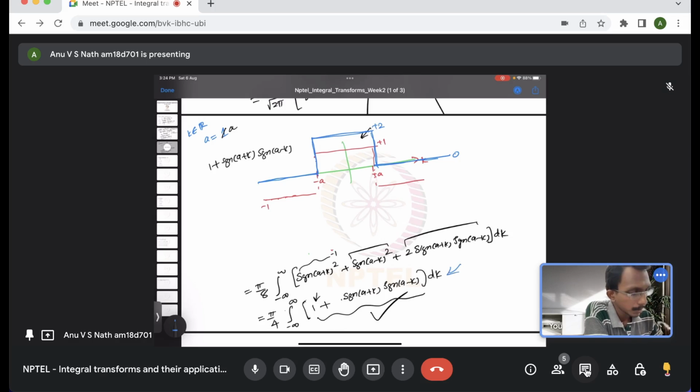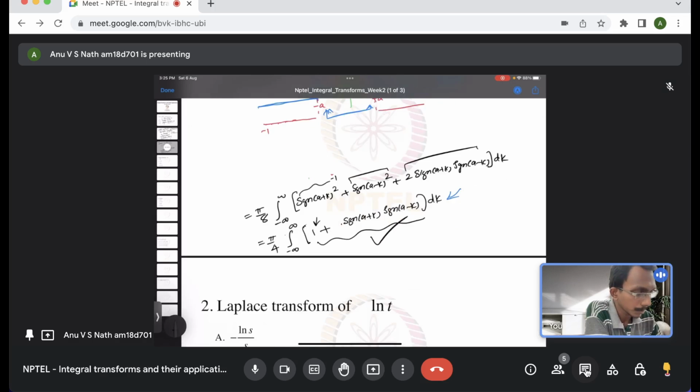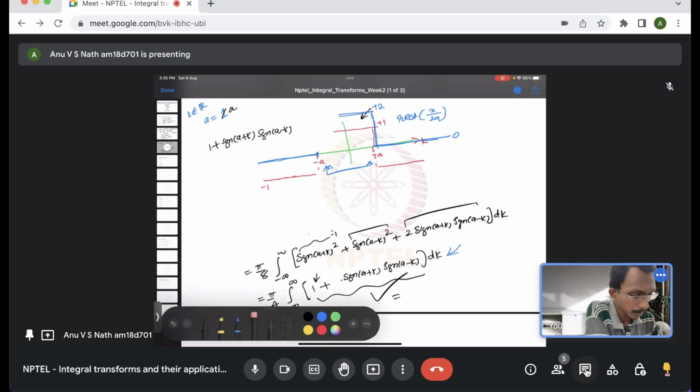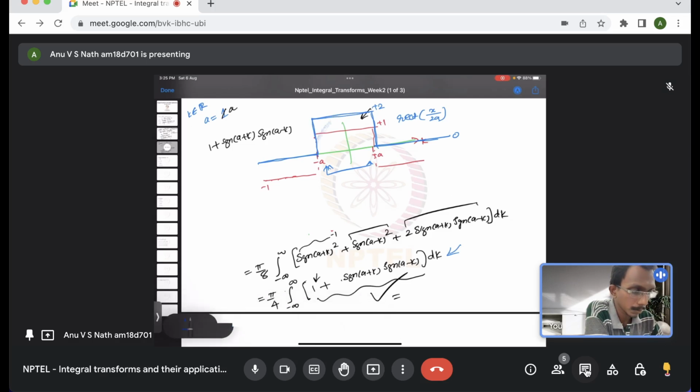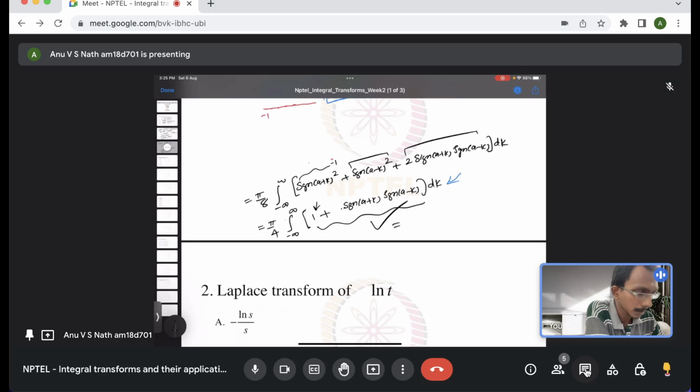Notice that this is just a rectangular function, rectangular of x by 2a, with a width of 2a, from minus a to plus a, and height of 2. The area will be contributed only from the rectangular part where it has values.